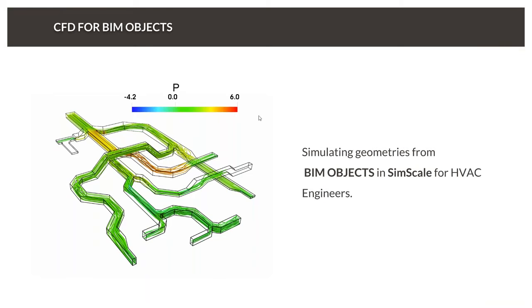So first of all, as I mentioned, our aim is to simulate geometries from BIM Objects in SimScale. And today we'll take the seat of the HVAC engineer. Let's imagine you're involved in a project which is about finding the right HVAC concept and the right HVAC ducting layout for a residential building.